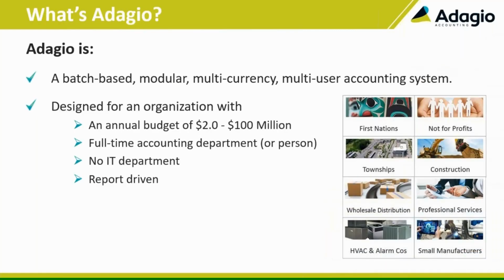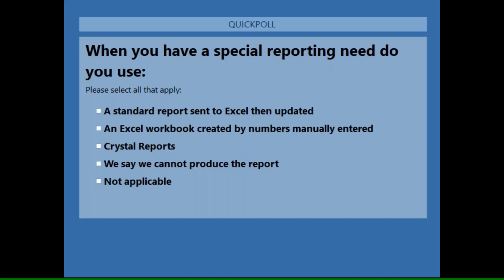Oh, I have a poll that I think I'll launch here just to make sure that people are paying attention. And the poll is, what do you use when you have a need for a report which is not handled by your out-of-the-box accounting product?